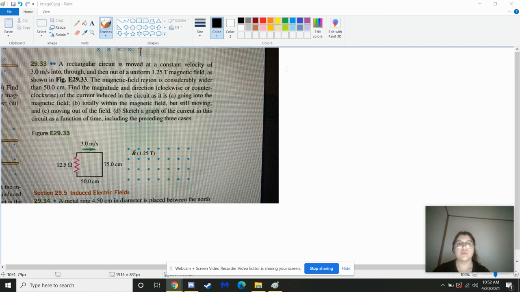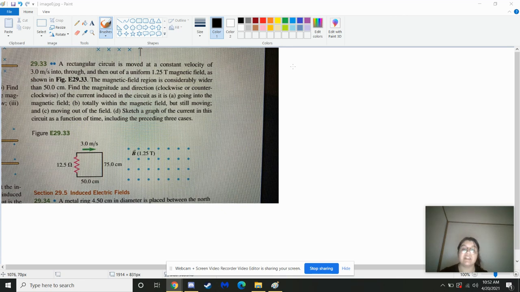So we can gauge what this problem is about. We can immediately know that there is a change in the magnetic flux, right? That's what produces the EMF. We know that the flux through a single loop is going to be BA times cosine.